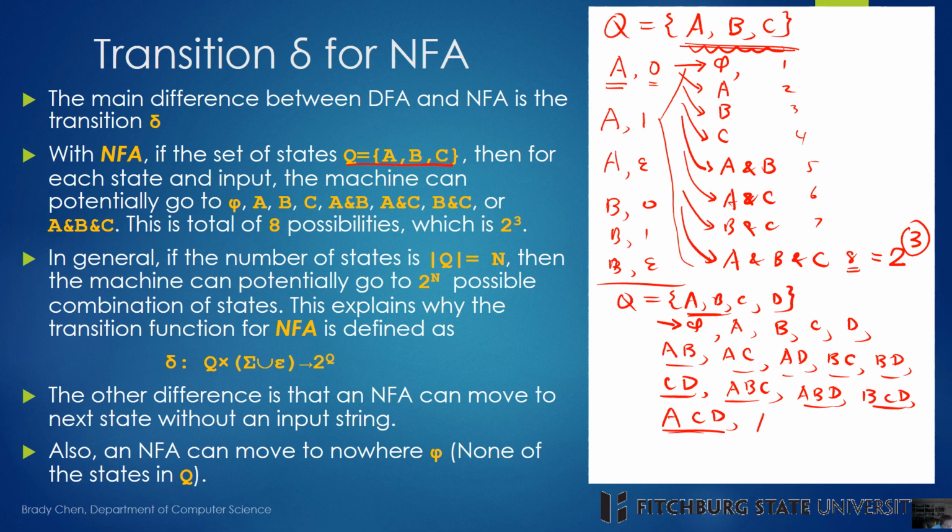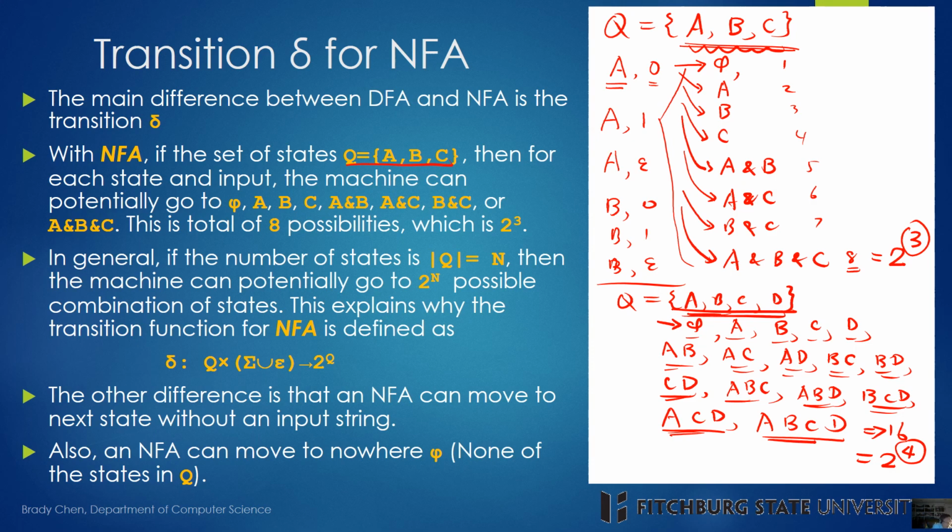And then the 4 state combination, that's A B C D. Now let's count how many of them. So 1, 2, 3, 4, 5, 6, 7, 8, 9, 10, 11, 12, 13, 14, 15, 16. So it's a total of 16. What's 16? That's 2 to the 4. So that number 4 is the number of states.